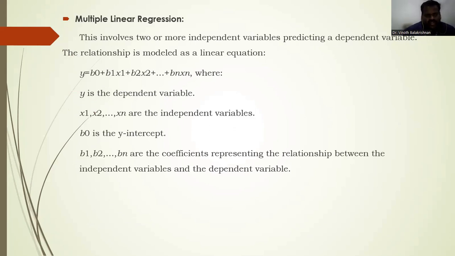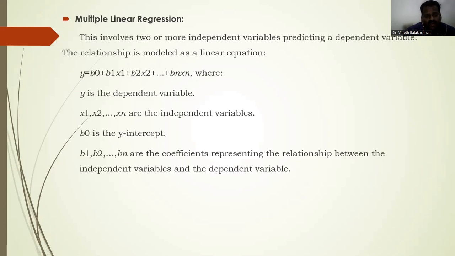The next case is the multiple linear regression model. This model involves two or more independent variables predicting a dependent variable. In the model given here, y is the dependent variable, b0 is the intercept, and b1, b2, b3, etc. up to bn are called the regression coefficients. And these x1, x2, etc. up to xn are called the independent variables.